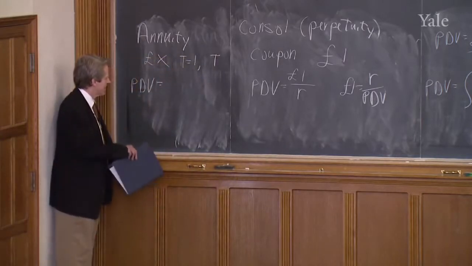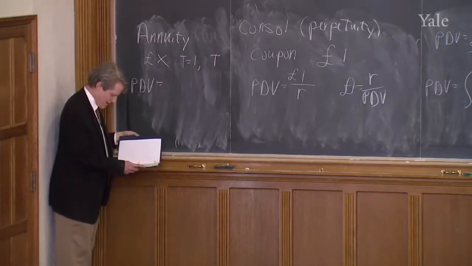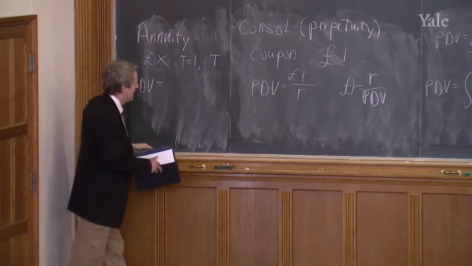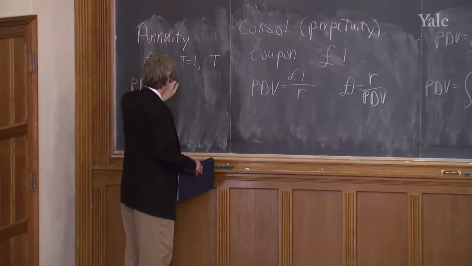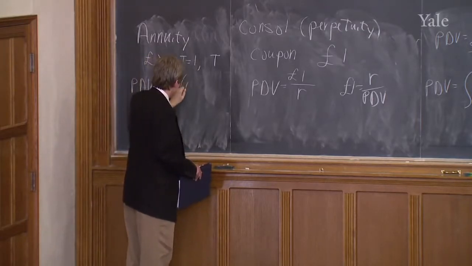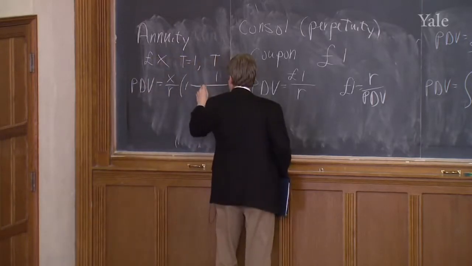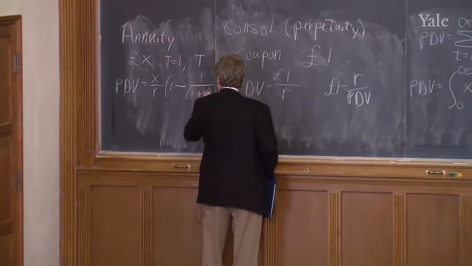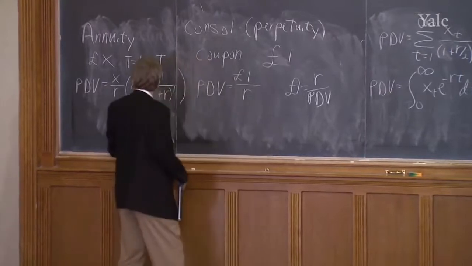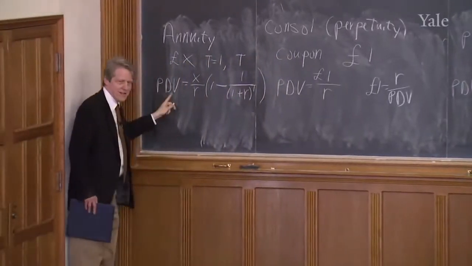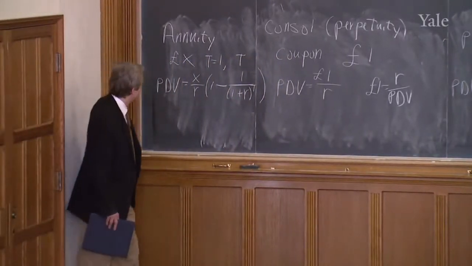Capital T is the last payment. Then the present discounted value formula is X over r times 1 minus 1 all over 1 plus r to the Tth power. So that's the annuity formula.